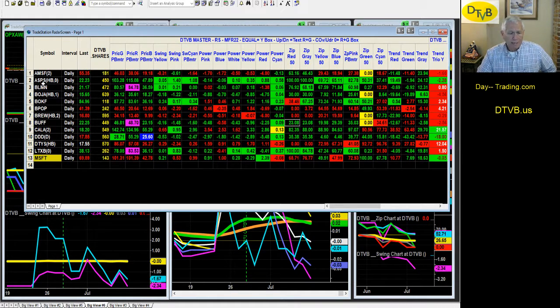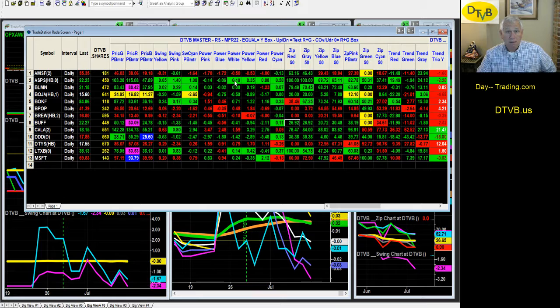Right now in ASPS, the second one from the top, we have about 9 or 10 green boxes. That means that those 9 or 10 indicators have crossed over 0. And it's powerful because especially right here, we've got power Zion, power red, power yellow, and power white all crossing over 0.